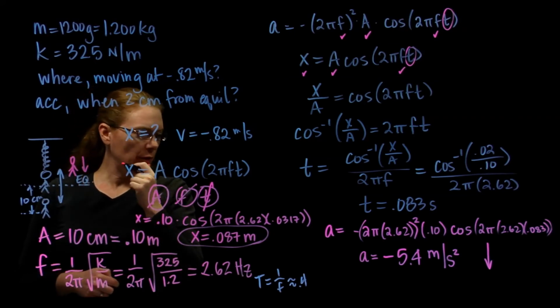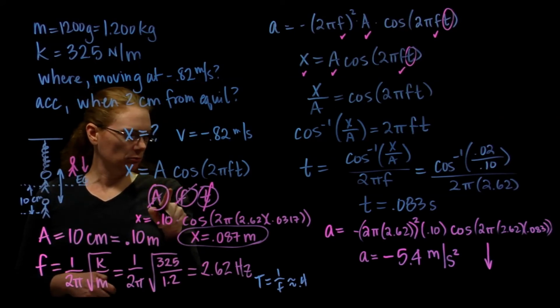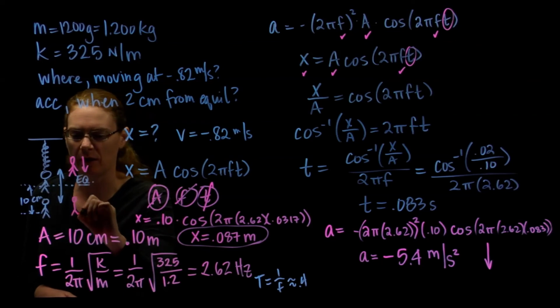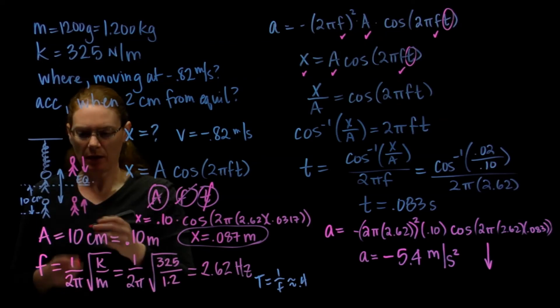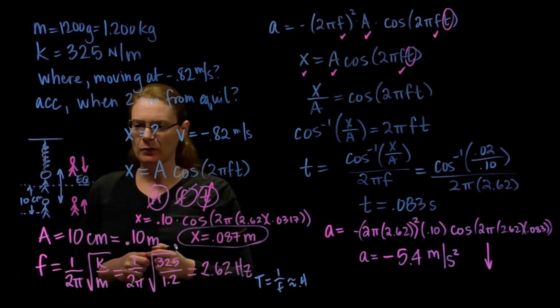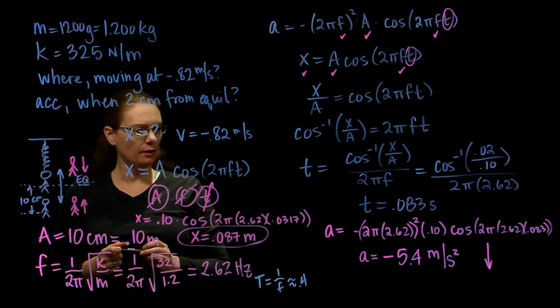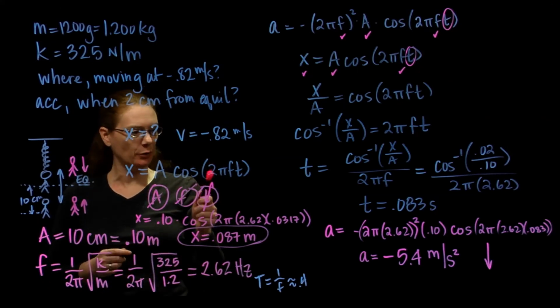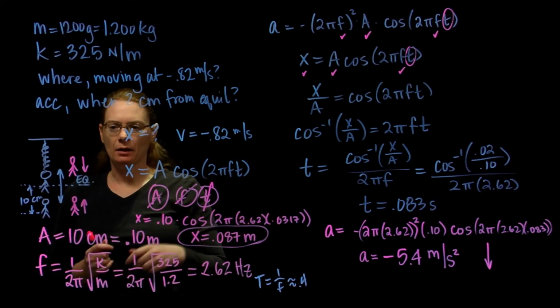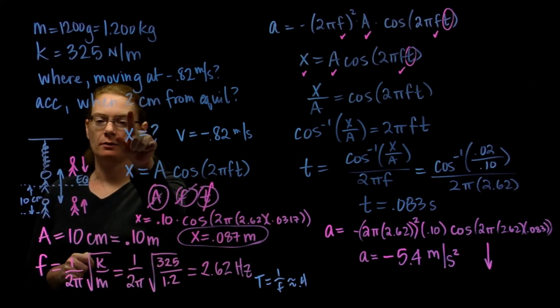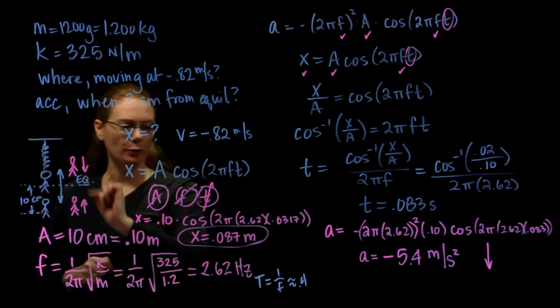Or we could be moving upward and slowing down. So the other place we could be is below equilibrium, moving upward and slowing down. So those are two possible places where we could have a negative 5.4 meters per second squared. And we know that both of those are going to occur 2 centimeters from our equilibrium point.